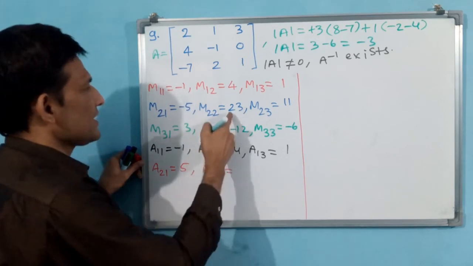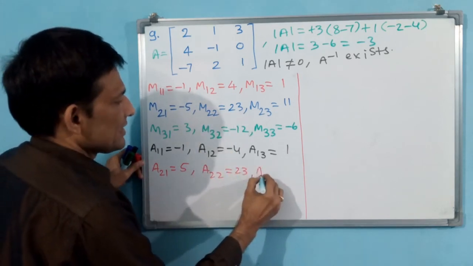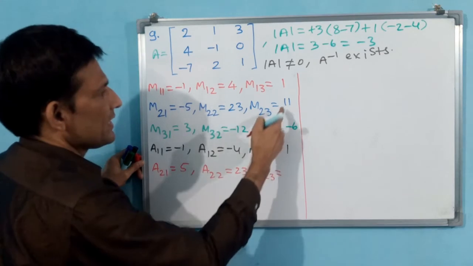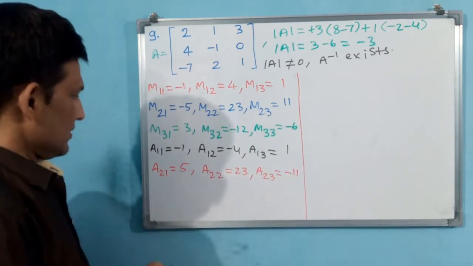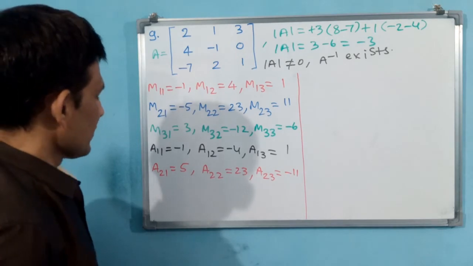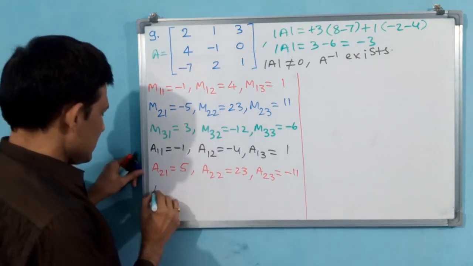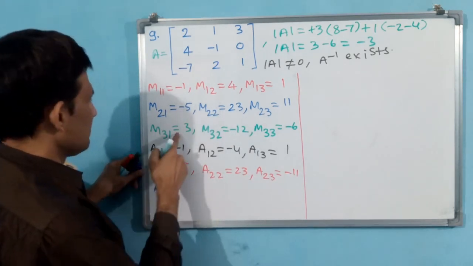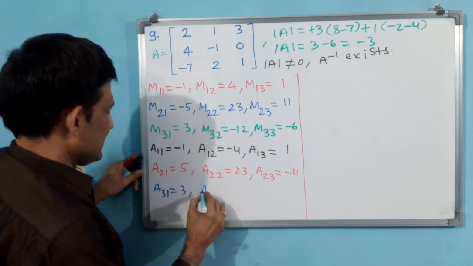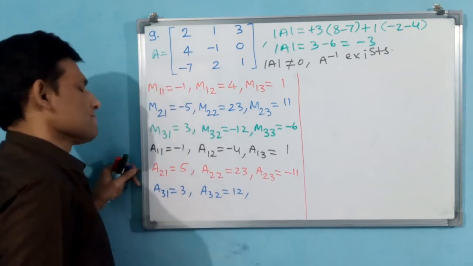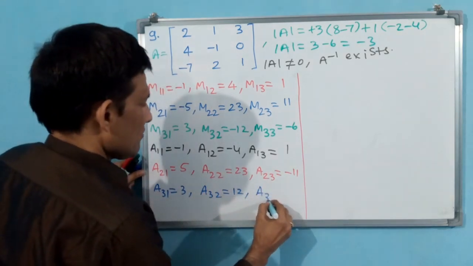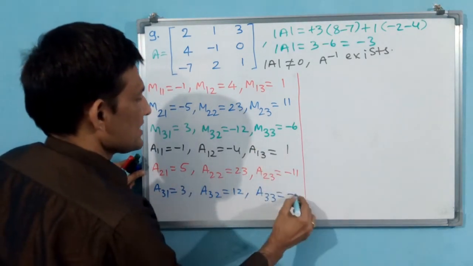A22, same sign. 2, 3. A23, change sign. Minus 11. Then you find A31, same. 3. A32, sign change. Plus 12. A33, same. Minus 6.